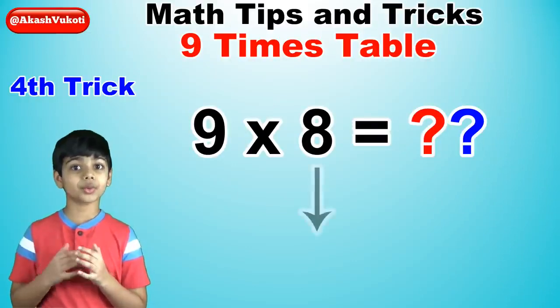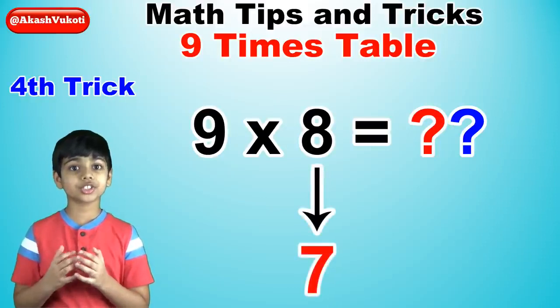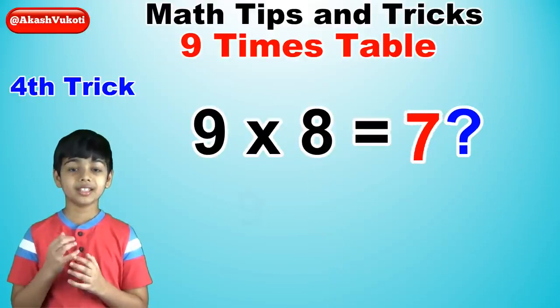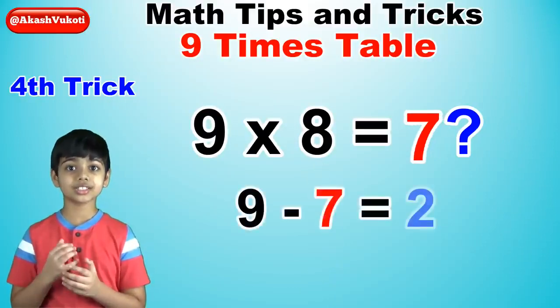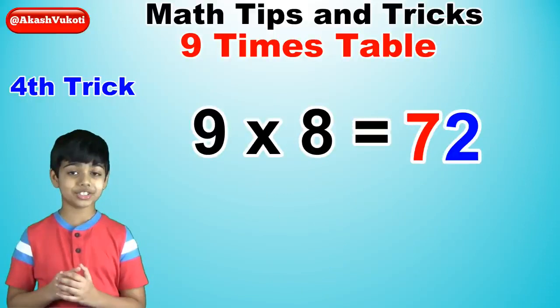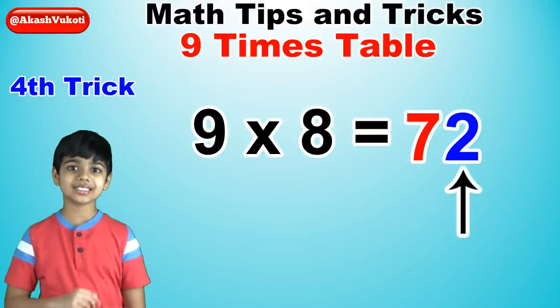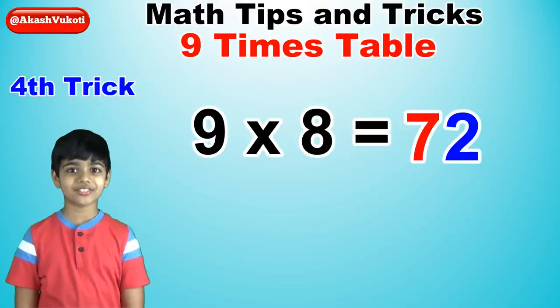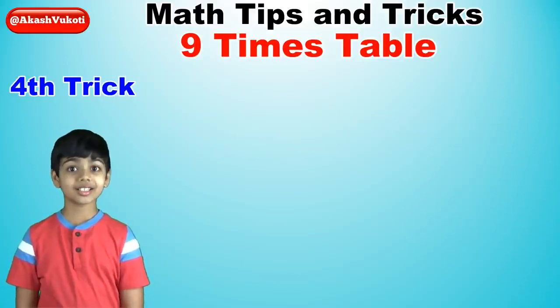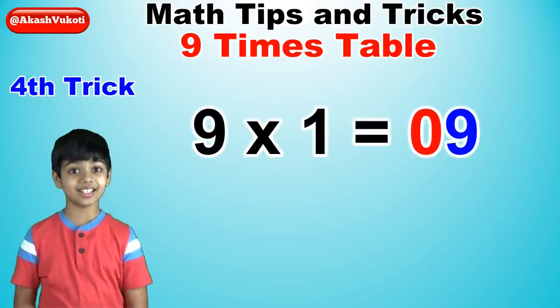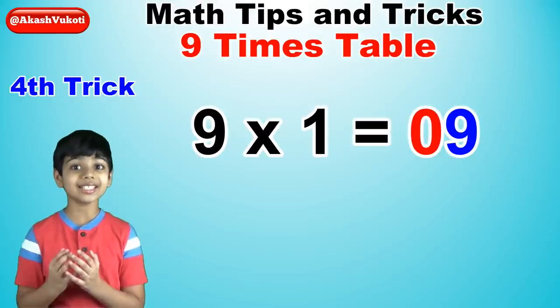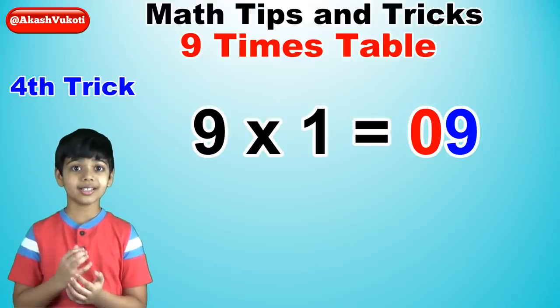The number before 8 is 7, which is the first digit. 9 minus 7 is 2, which is the last digit. 7 is the first digit, 2 is the last digit. The answer is 72.